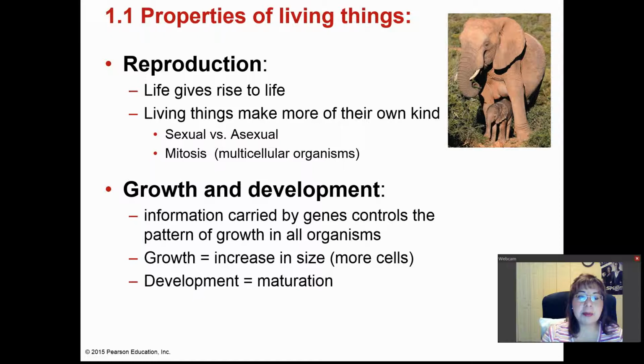By the time a puppy is a year old, we would fully expect that dog to be able to walk around on its own, for its eyes to be fully developed, and that a dog of that age could give rise to other dogs. That's a good example of development. Often growth and development go together. Not only does your puppy get physically bigger, but it also matures to where it can do things that it didn't do before.